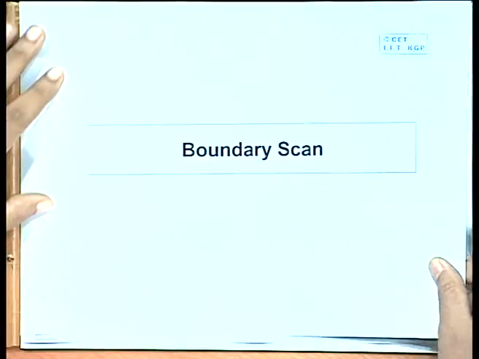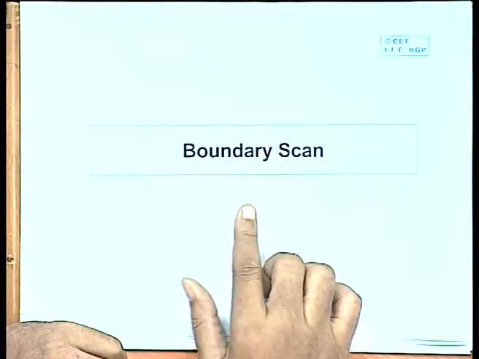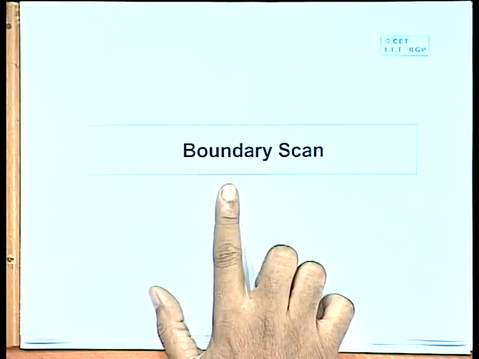So, they felt that there has to be some kind of a standardization, and well, the first step in the standardization process was taken up by a joint committee and they came up with a scheme called boundary scan.